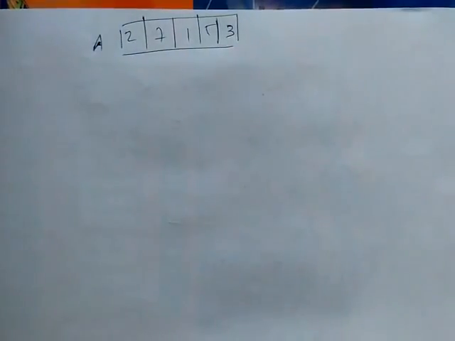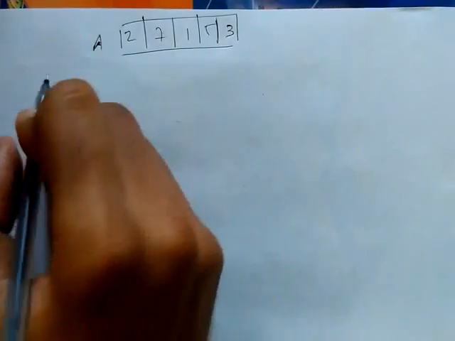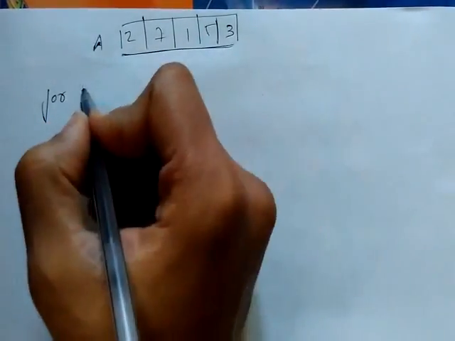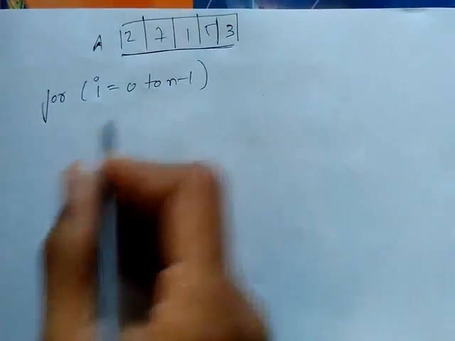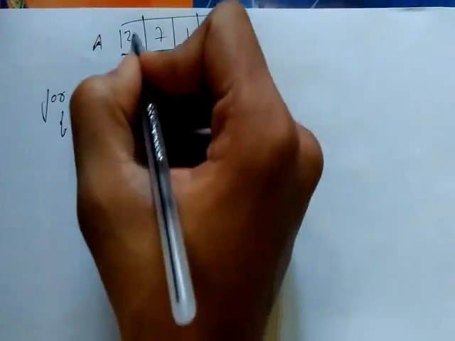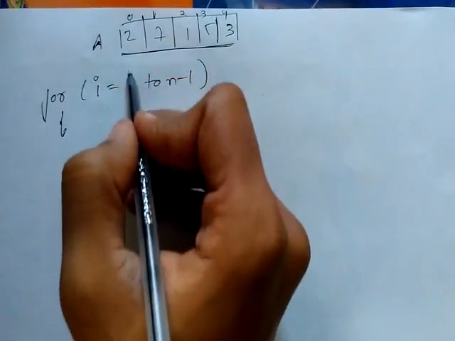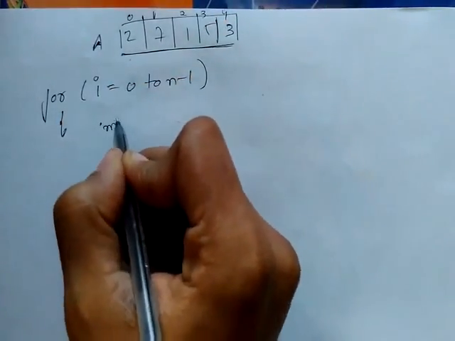In the process, first of all, I will traverse the array with i equal to 0 to n minus 1. Then I will assign each i to minimum.